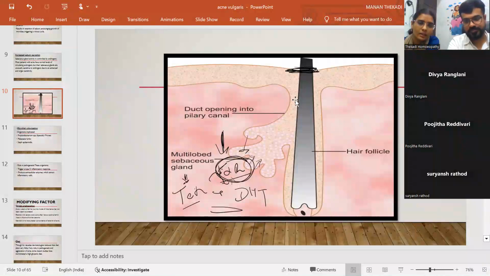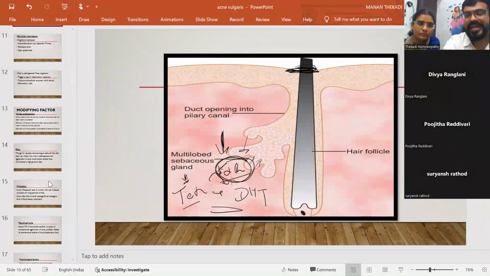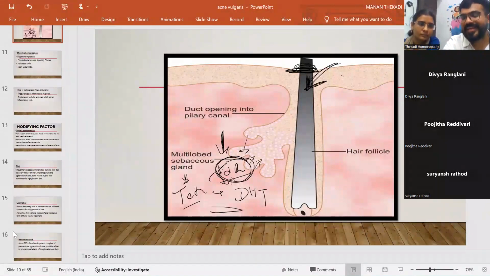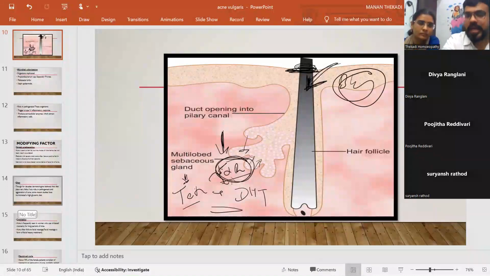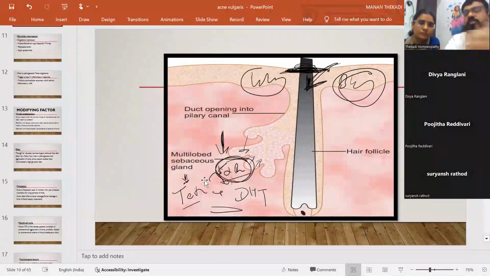But if the ductal area of the sebaceous glands is clogged by the keratinous substance and sebum, then it turns into whiteheads. जब भी if the pore is open and it comes in contact with oxygen, in those cases it creates black color. And if it is not coming in contact with oxygen and it remains closed, then it remains white.